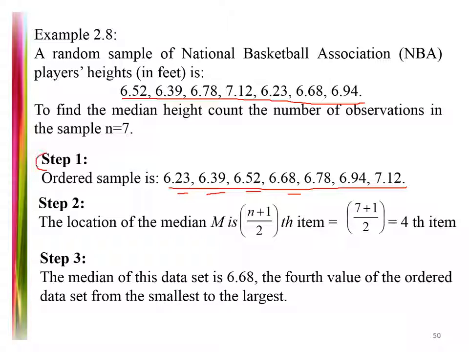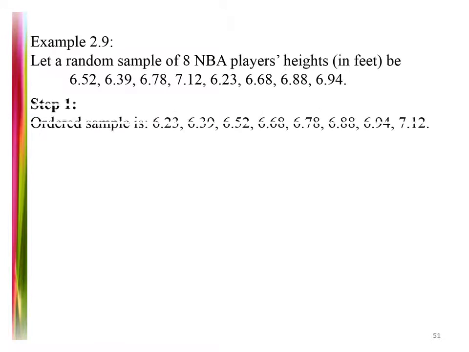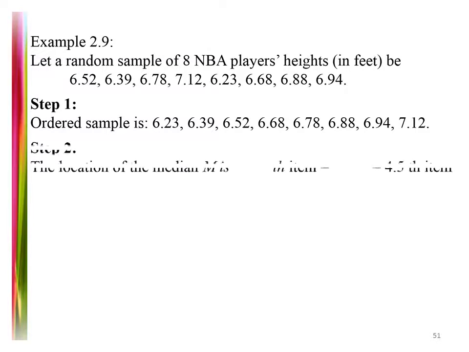Here, step 1 is very important. In this case the sample size is 7. Suppose the sample size is an even number, in this case 8. First step, we have to write down the values in increasing order, then identify that location. In this case the location (8 plus 1) by 2 is equal to 4.5.